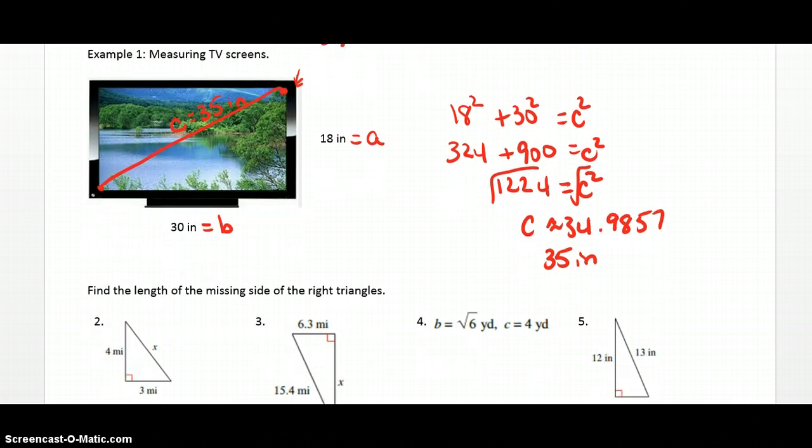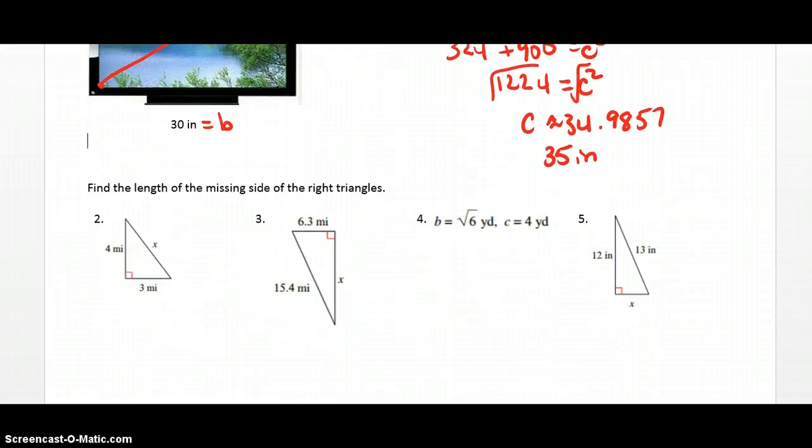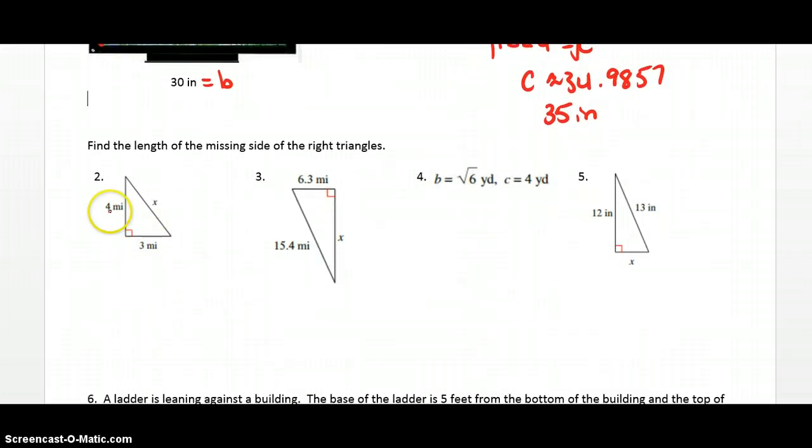Let's just look at a few generic examples. Example number 2, I can see the legs are 4 and 3. I'm going to call one of them A and the other B. It really doesn't matter which one you call A and B. And this X is going to be our C, the hypotenuse. This is one of the more famous right triangles.